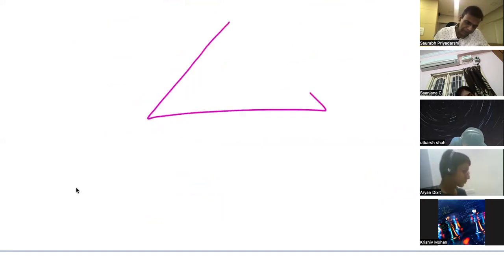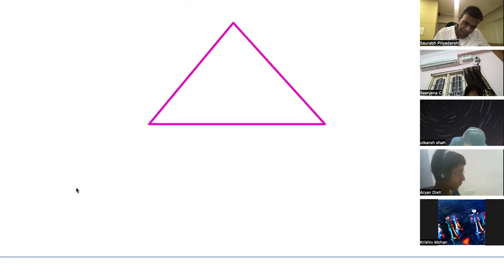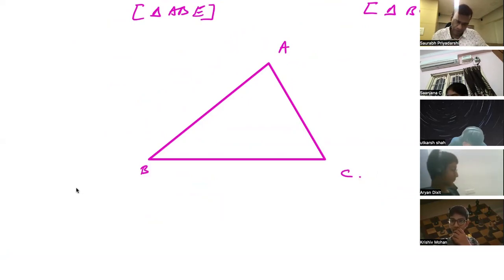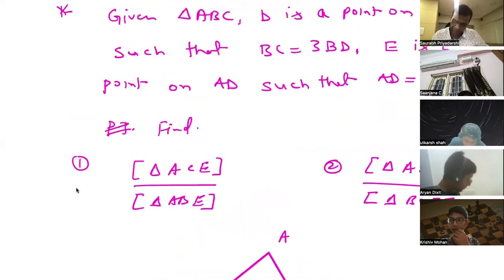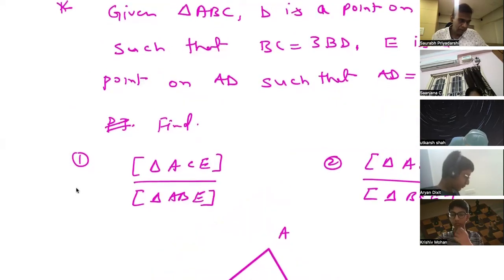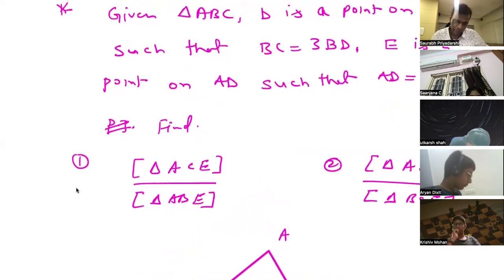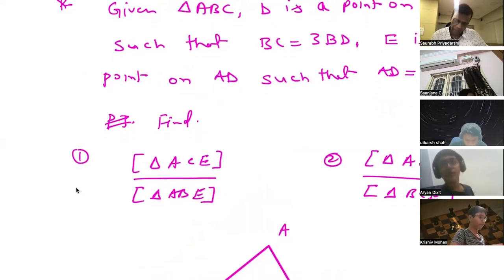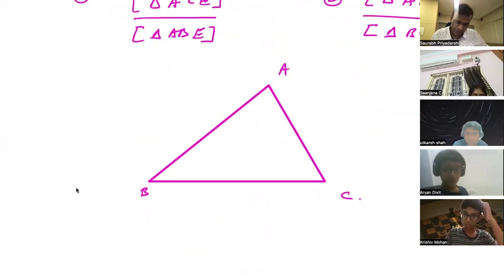Okay, let's see. This is the triangle ABC. I'm taking this triangle as A, B, and C, and it is given that AD is equal to 4DE and BC is equal to 3BD. I sent the diagram like this.